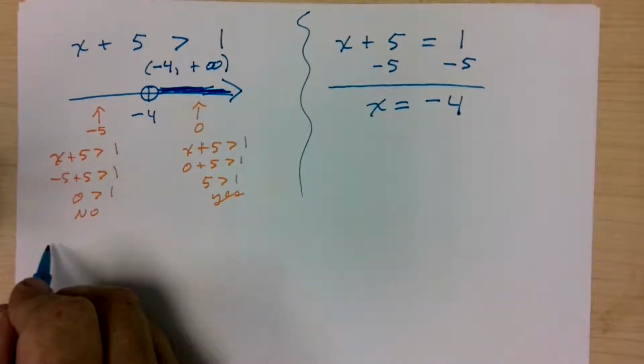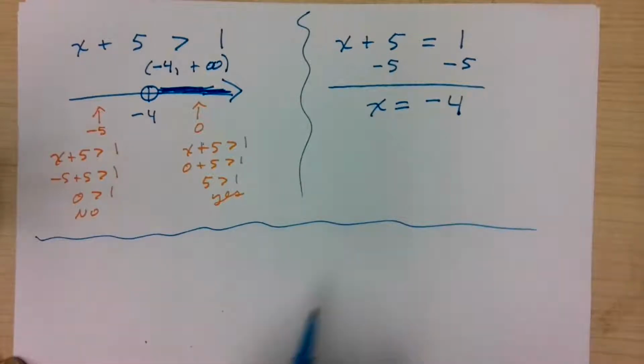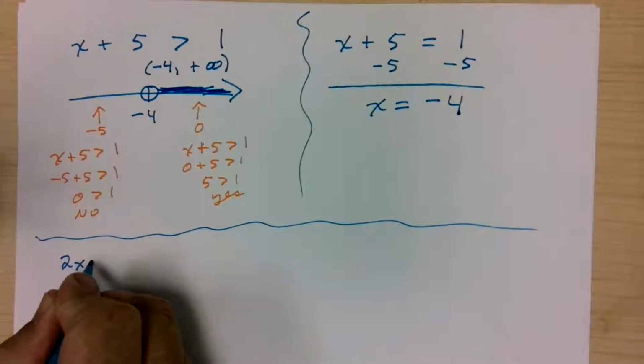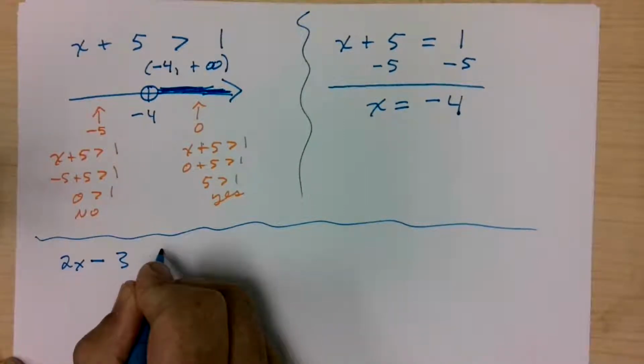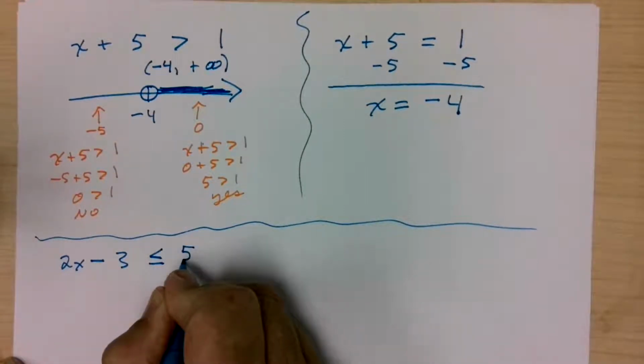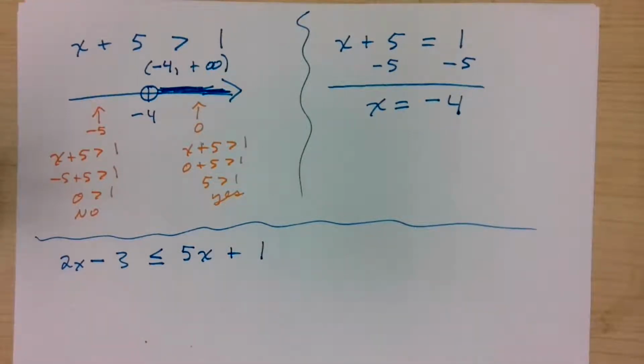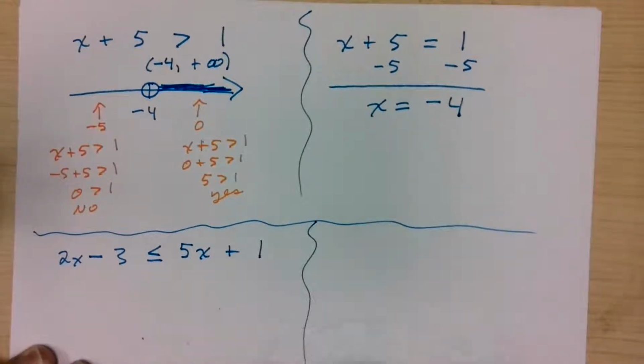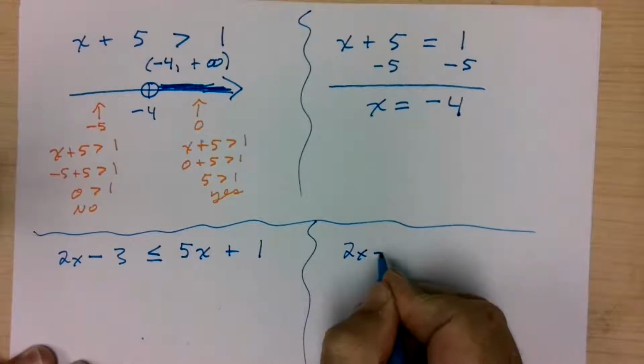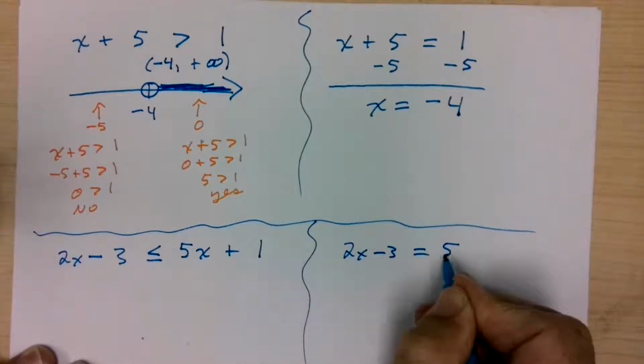Okay, let's do another one. So this time let's go with 2x minus 3 is less than or equal to 5x plus 1. So our strategy here is still going to be the same. We're going to solve it as an equal, find test points, and then determine which way to shade. So I've got to solve 2x minus 3 equals 5x plus 1.